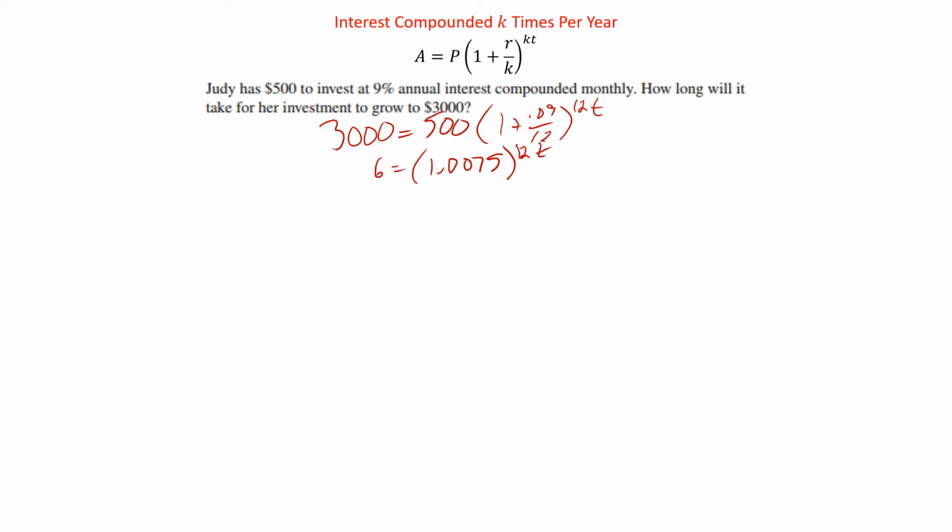Natural log is way nicer in calculus, and since it doesn't matter, I always gravitate towards natural log. So we have the natural log of 6 equals 12t times the natural log of 1.0075. So natural log of 6 is a number, natural log of 1.0075 is a number. We can divide those along with a 12. So t will equal natural log 6 over 12 times natural log of 1.0075. And we end up with t equals about 19.98 years.